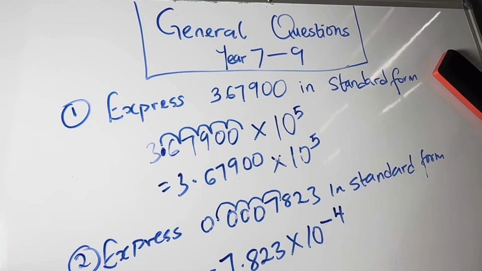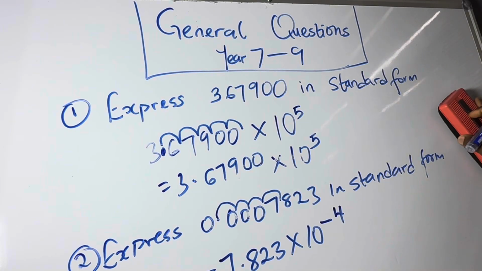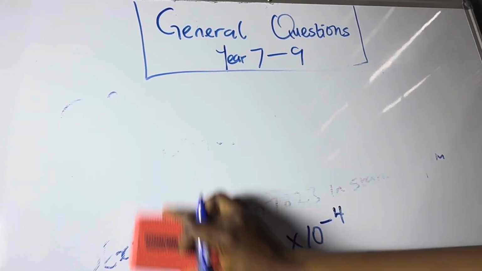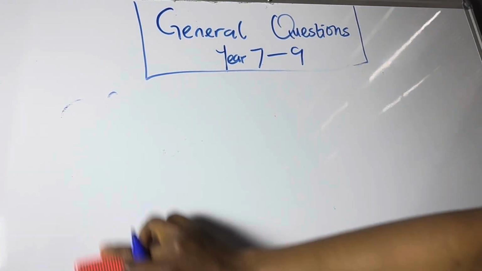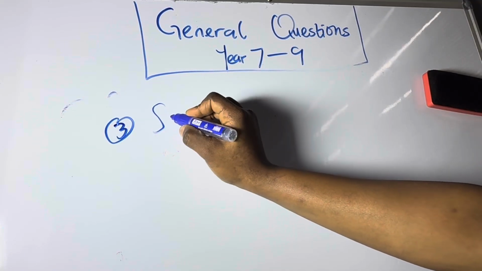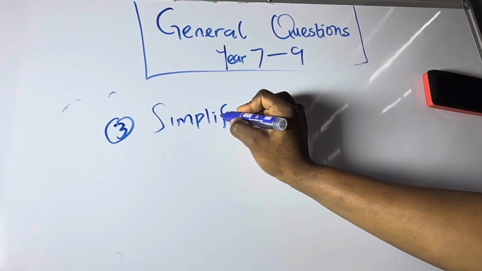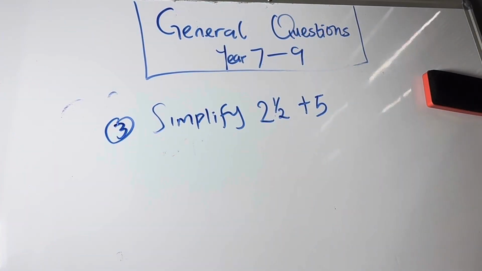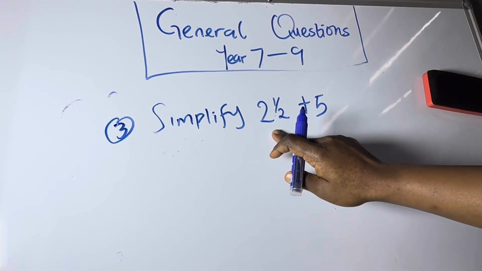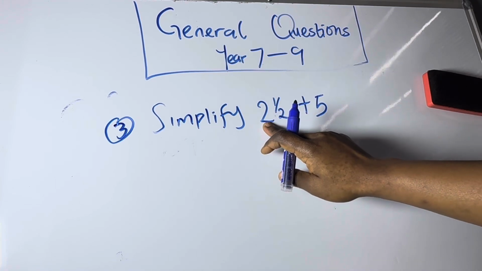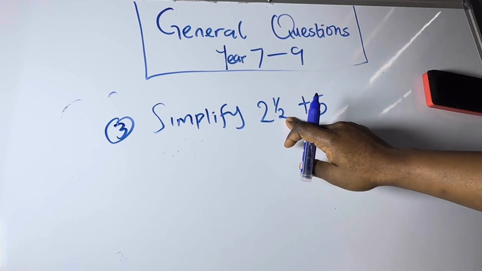Question 3. Simplify 2.5 plus 5. Now, to simplify this, the first thing you do is to convert this to an improper fraction by multiplying the whole number and the denominator.